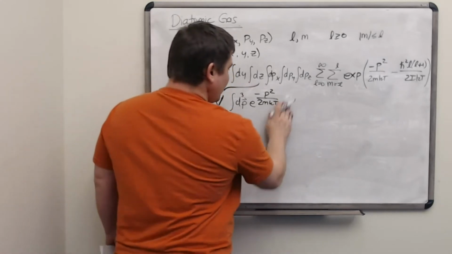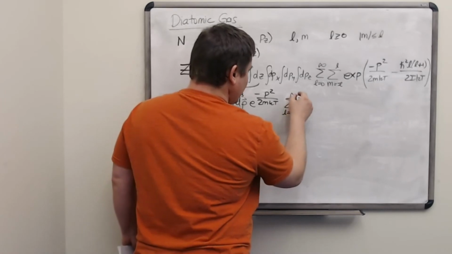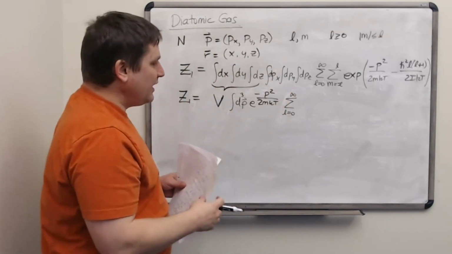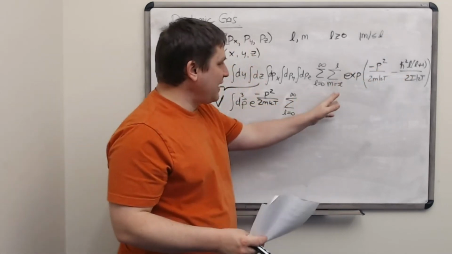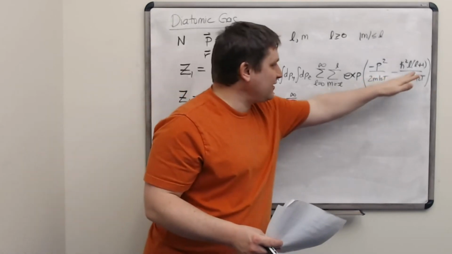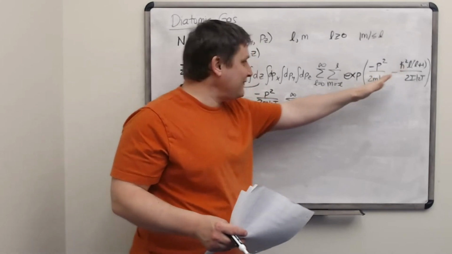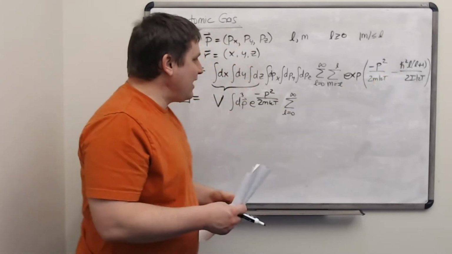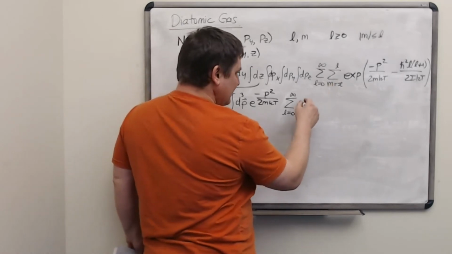And then here we're going to have a sum over L and M. Now the sum over M is trivial, right? There's no M's over here. I mean, there's a mass, that's not the same. There's no M quantum numbers in here. If there was a magnetic field, then there might be some energy due to that from M. But there's not any right now. So we'll do this M sum.